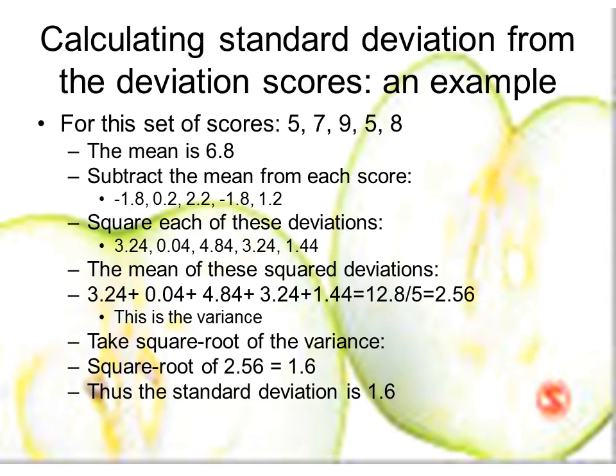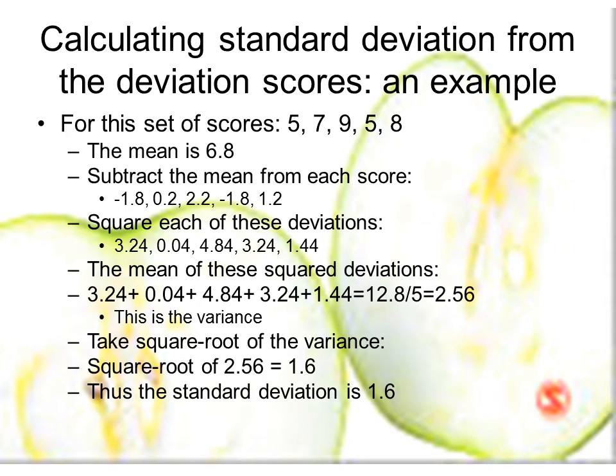And we already discussed how to find variance, subtracting the mean from the score itself. So if we subtract 6.8 from 5, we end up with negative 1.8. If we subtract 6.8 from 7, we have 0.2, and so on.